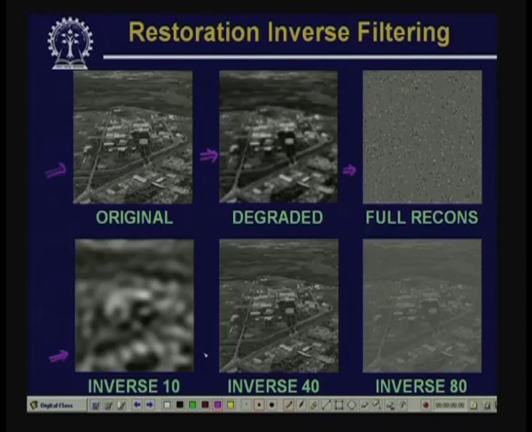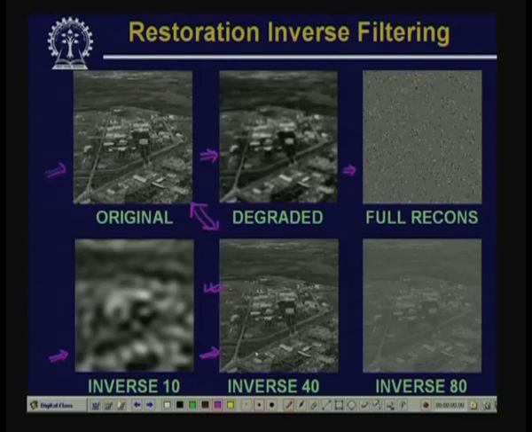The middle image shows a very good image, where the distance within which the u, v values were considered for reconstruction was taken to be 40. Here you find that this reconstructed image contains most of the information which was contained in the original image. So, this is a fairly good restoration.